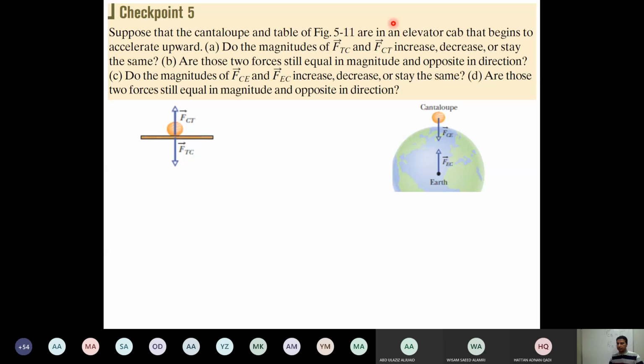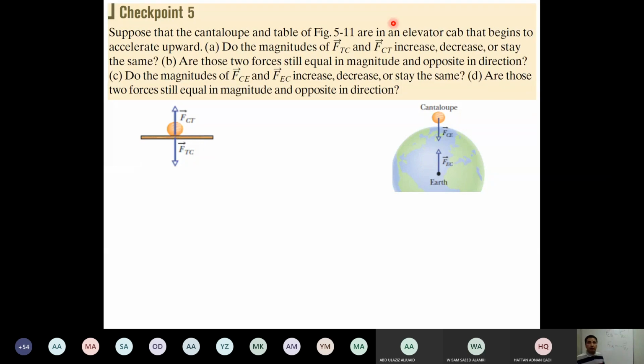This is the checkpoint based on the previous slide. Suppose that the cantaloupe and the table in figure 5.11 are in an elevator cab that begins to accelerate upward. When the elevator is accelerating upward, we know there is definitely a force because there is acceleration now.